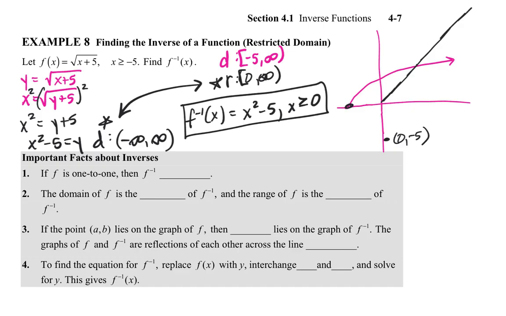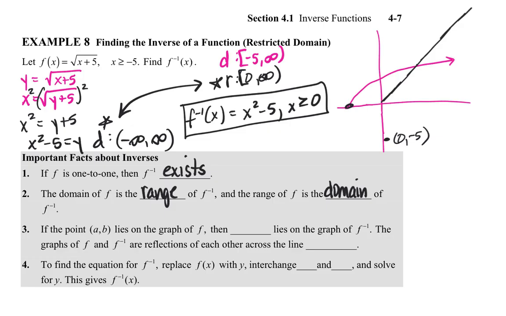So if the function is 1 to 1, then the inverse exists. The domain of f is the range of the inverse, and the range of the function is the domain of the inverse.